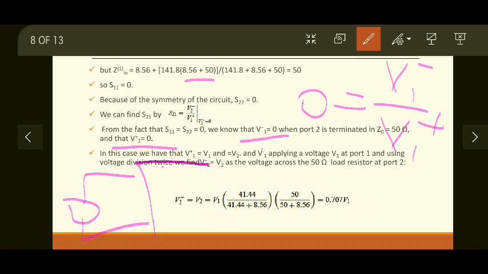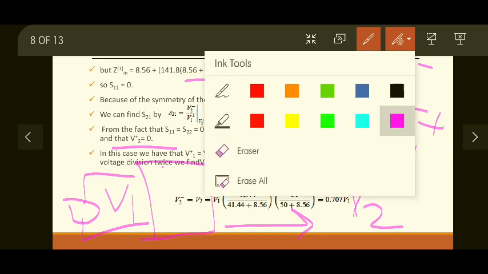And V2 minus is equal to V2. Sorry, here it is not clearly displayed. So V1 plus is equal to V1, and V2 minus, which will be in this direction, will be equal to the output voltage, that is V2, because V2 minus is nothing but the reflected wave on the second port, which is nothing but our output voltage.